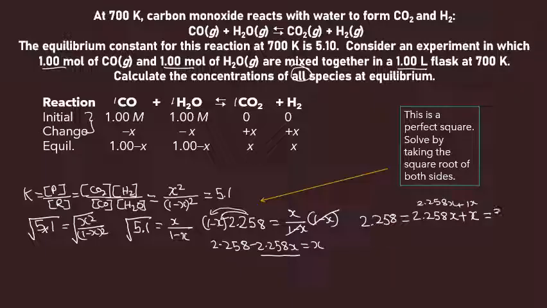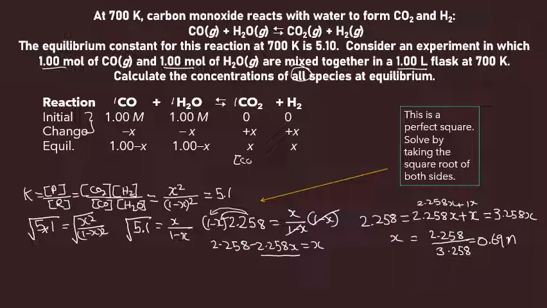When you add, you will get 3.258x. And now, what is x? x equals 2.258 divided by 3.258. That equals 0.69 molar.